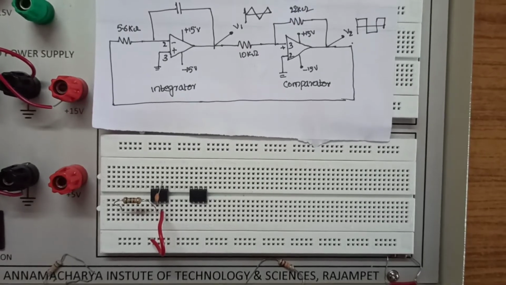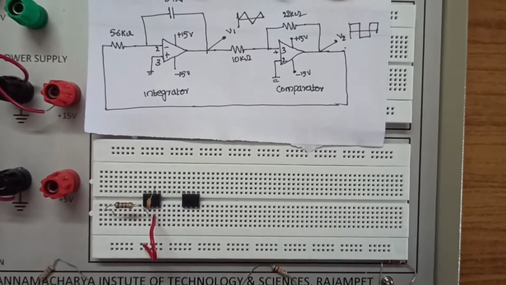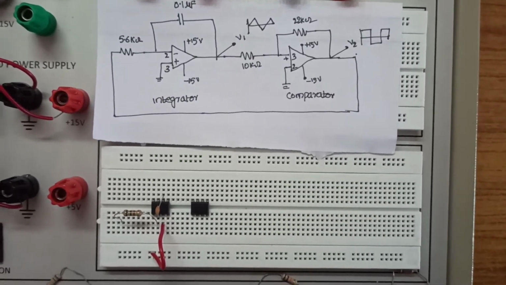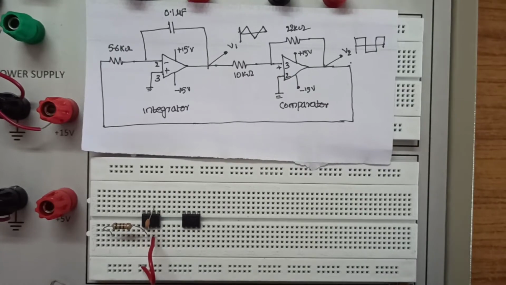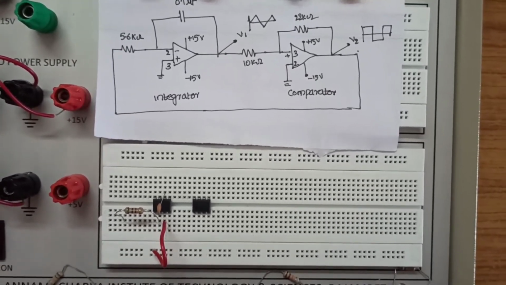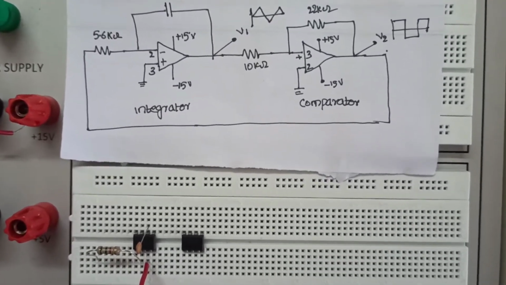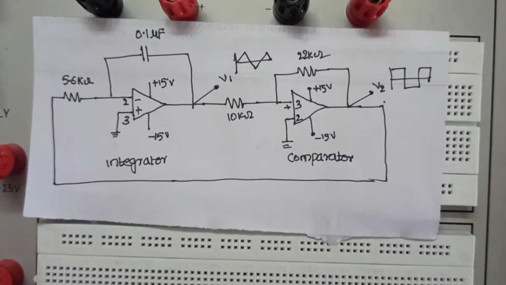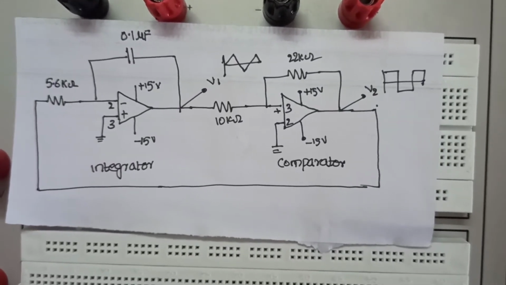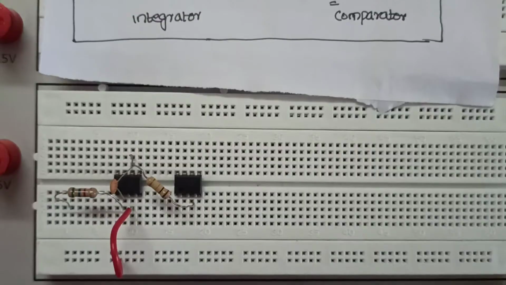Now there is a resistor connected between the output of stage 1 and the input of stage 2. Of these two amplifiers, one will be inverting and the other non-inverting. So a resistor of 10 kilo ohms is to be connected from the output of the first circuit, pin 6 of the first stage op amp, to pin 3 of the second stage op amp.